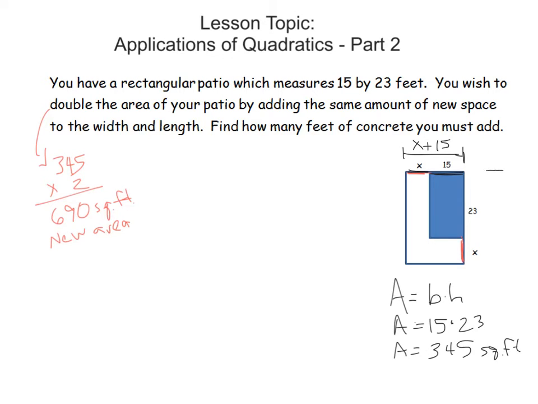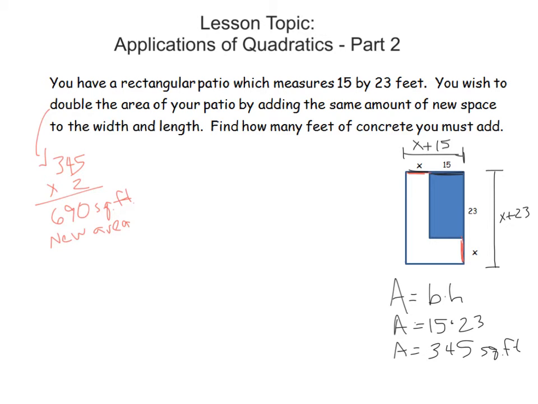Well, how about this here? Well, that's our current 23 plus additional x feet, so we can say that's x plus 23. And if you had written 23 plus x, that would work fine as well. So these are the new dimensions of the new patio, x plus 15 by x plus 23.